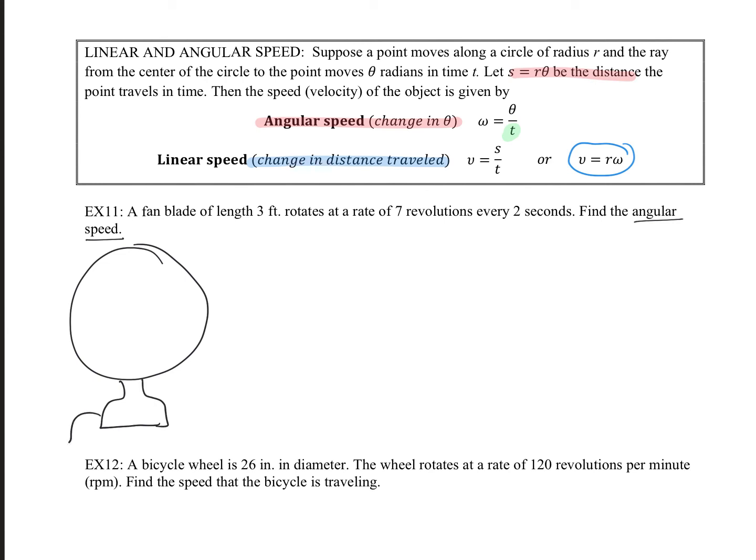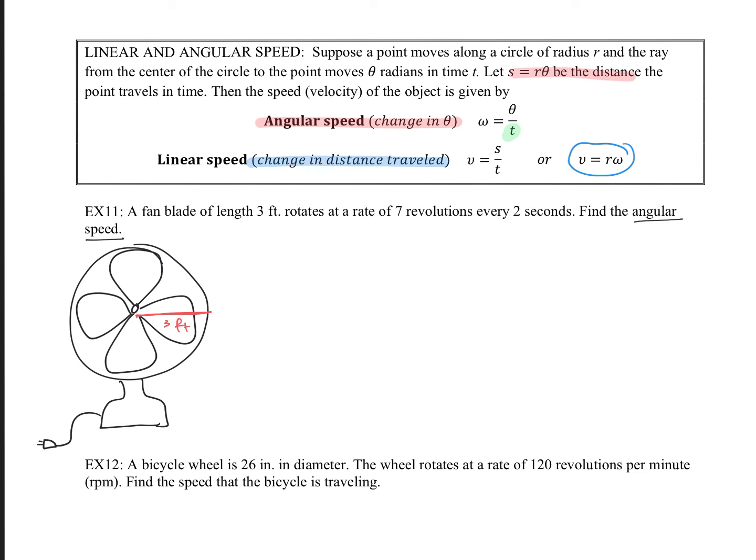Let's draw the little plug for the fan. And we have the fan blades, and we know about the fan blades is that they are 3 feet. I have a feeling that this is not a fan that plugs into the wall. This is probably a ceiling fan to have blades of 3 feet.